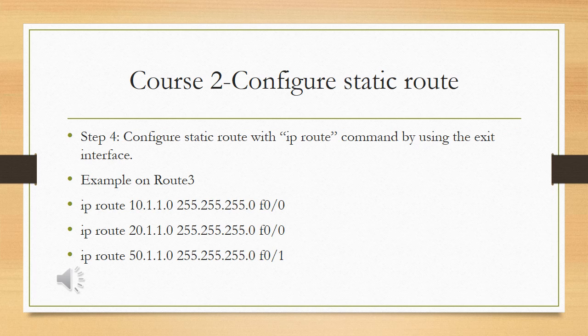For the 10 and 20 networks, it comes from the interface F0/0, and the 50 network is on the side of the interface F0/1. So the exit interfaces are all the interfaces on its own router. But the next hop address will be the address on the other routers.